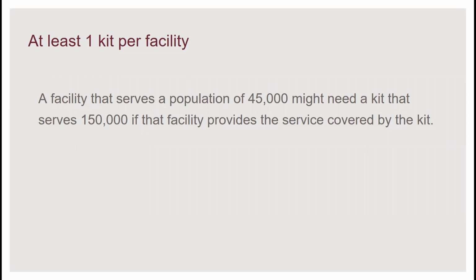It may also be necessary in some cases to split up the contents of the kit and send only a portion, so that there would not be one kit to one facility proportion. But please keep in mind that splitting kits is not recommended and would also involve additional challenges.